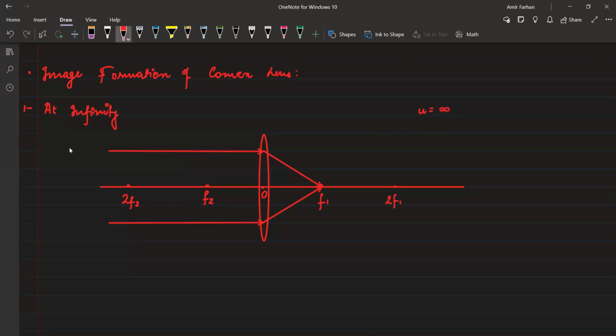So U is at infinity, all of you. Object is at infinity. V is at focus. If I'm writing F only, always consider that that is the primary focus. Primary focus for the convex lens is on the right hand side. Clear, everyone? And nature will be real and inverted.